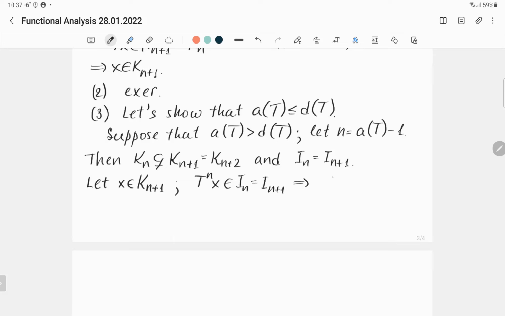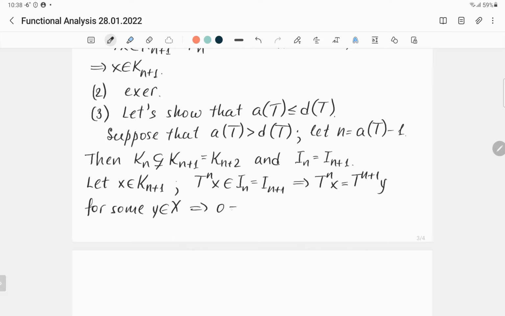And this implies that T to the n of x can be written in the form T to the n plus 1 of y for a suitable vector y. Now by assumption x sits in Kn plus 1.